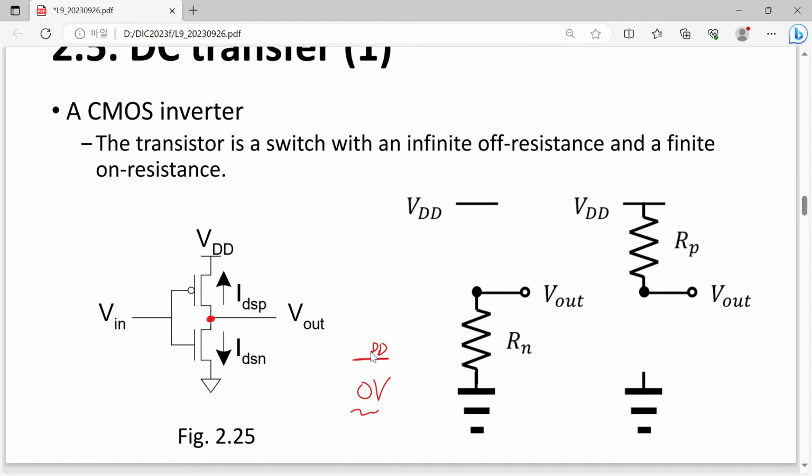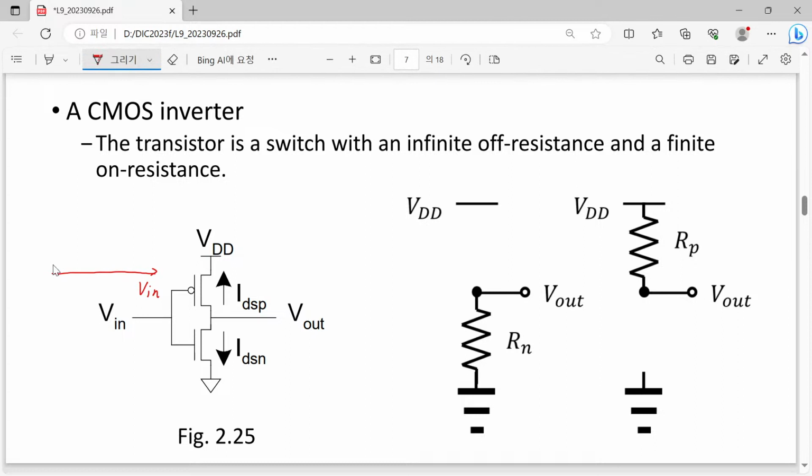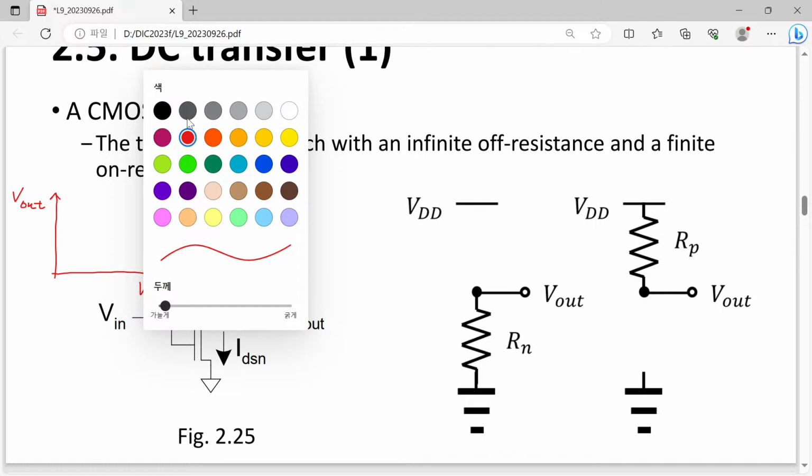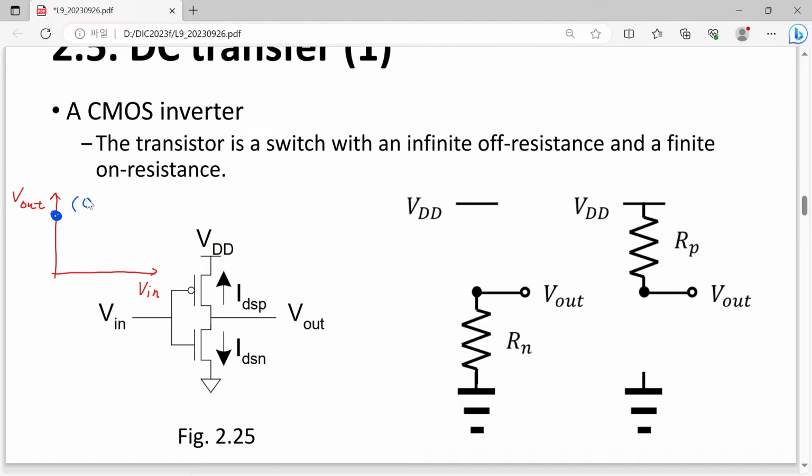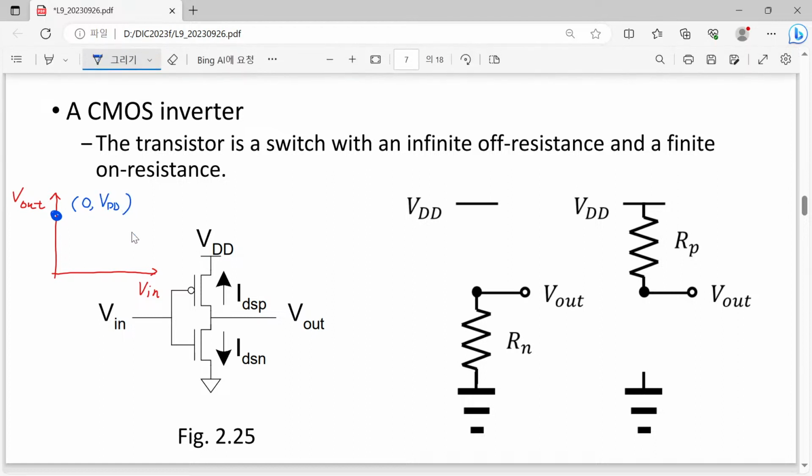However, the point is, up to now we have thought about these two extreme cases, 0 and VDD, certainly mapped to VDD and 0. Then how about the intermediate values? If we draw this graph of in and out, what we know certainly is that here we have one point corresponding to 0, VDD, and we know some point corresponding to VDD, 0 volt.